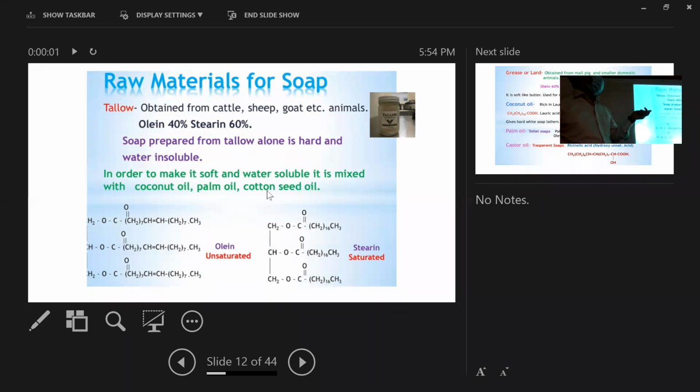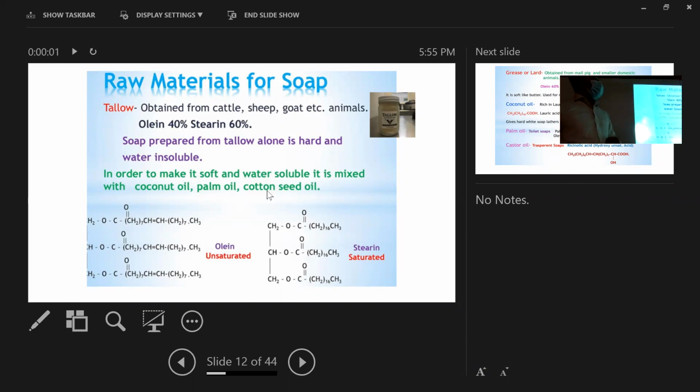Tallow is obtained from cattle, sheep, goat, etc. Olein 40% and stearin 60%. That means what types of compounds or chemicals we may need to synthesize soap. Soap prepared from tallow alone is hard and water insoluble.